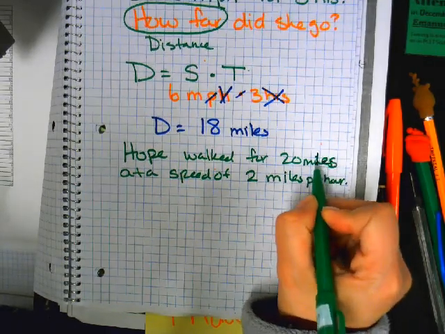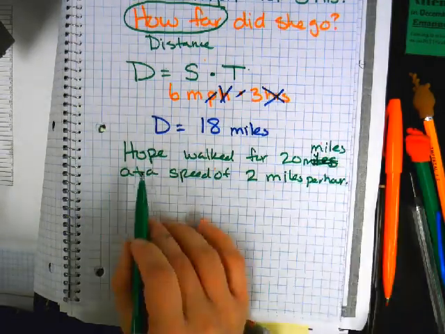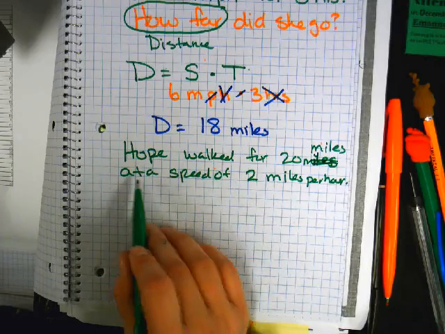Sorry. I hope you all know how to spell miles. Hope walked for 20 miles at a speed of 2 miles per hour.